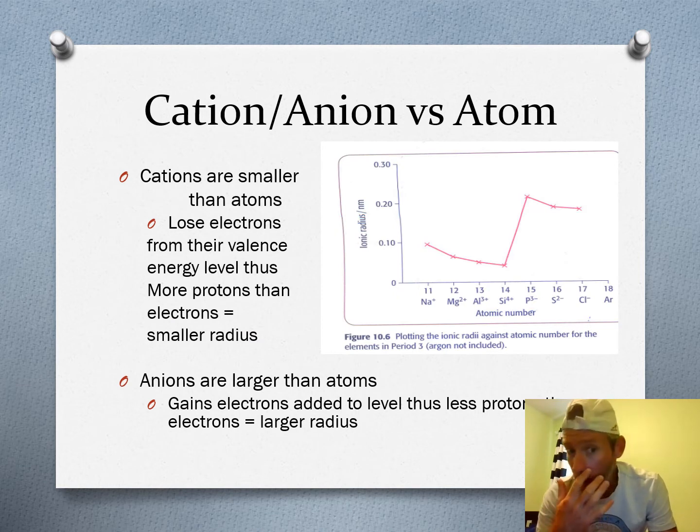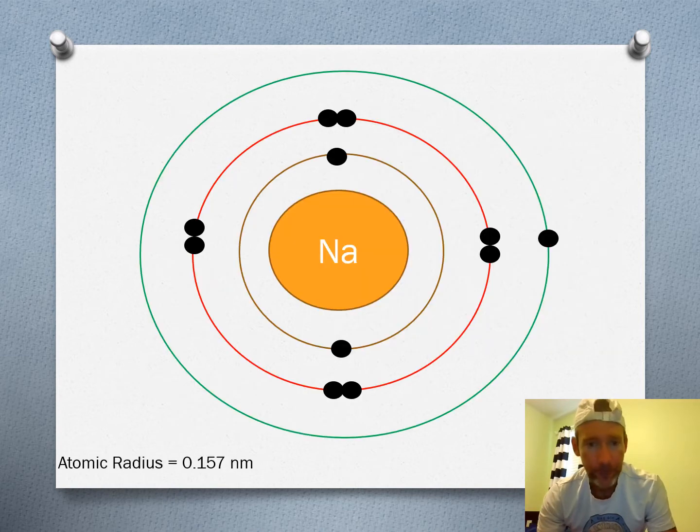So cations are going to be smaller than their atoms because they lose electrons and therefore lose their valence shell. You lose the energy level, more protons per electron, smaller radius. Anions are going to get bigger because they're gaining electrons but have the same number of protons, so it can't hold on to its electrons as much, giving a larger radius.